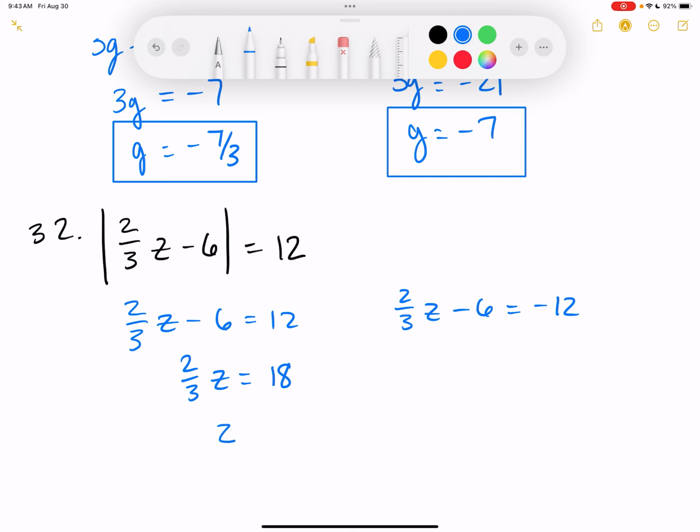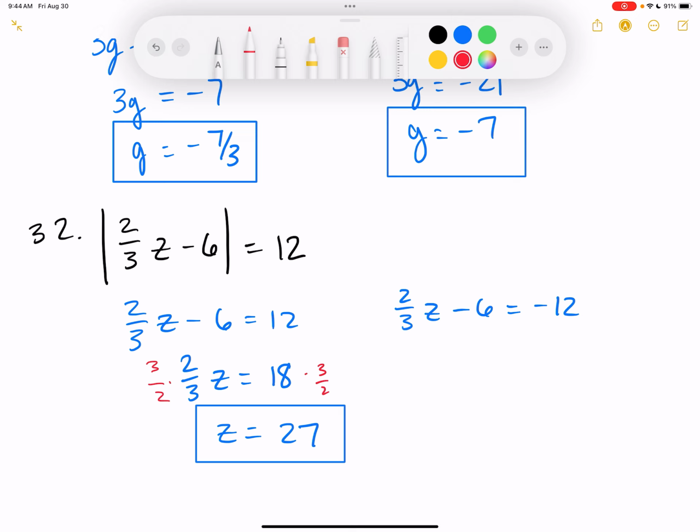So z equals, multiply by 3 over 2. 18 divided by 2 would be 9, and 9 times 3 is 27. You can do that. Why did you reciprocal it? Because to move it over.